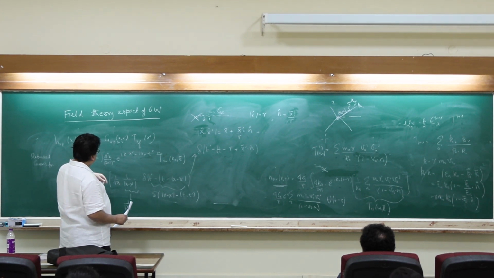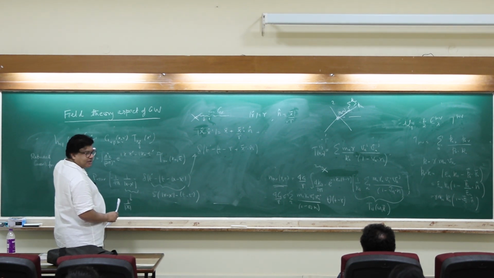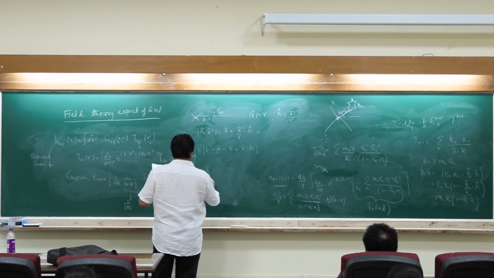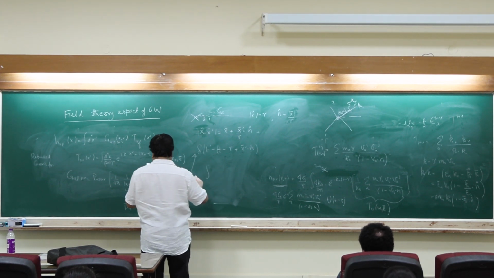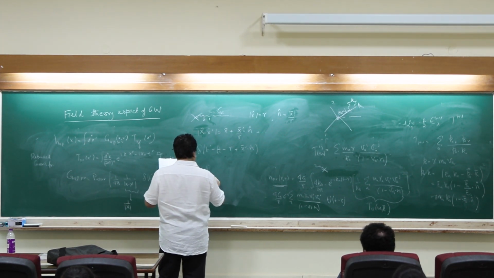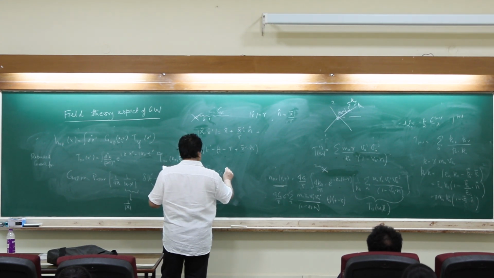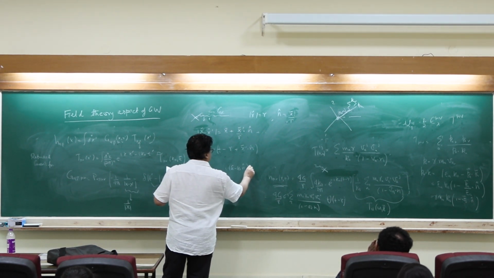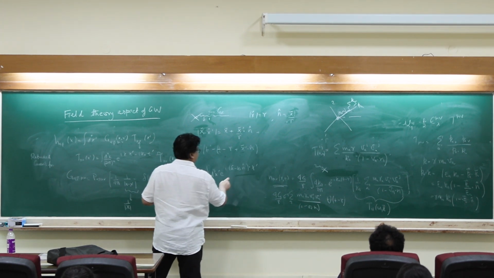Now do the x prime integral, the d cubed x prime integral. I'll write it down so that you don't forget. After the t prime integral, you will get d cubed x prime e to the power i k minus k naught n dot x prime.